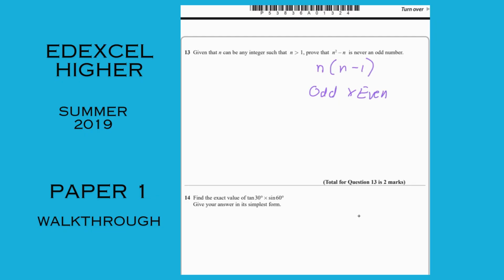It's not possible to have two of the same. Certainly not possible to have two odds. And an odd times an even always gives an even number. So don't write too much for that. They've given you way too much space, but a bit of algebra and a little bit of logic and you're home and dry.